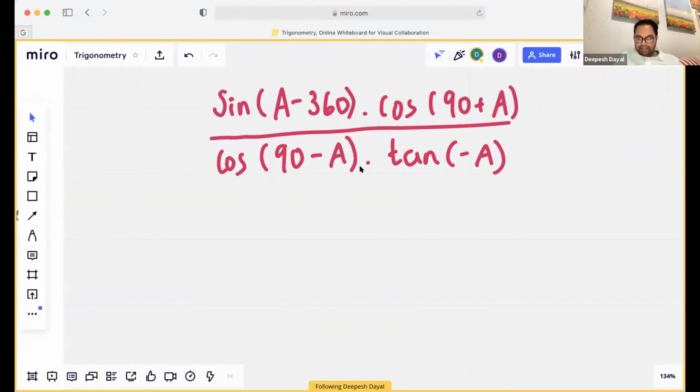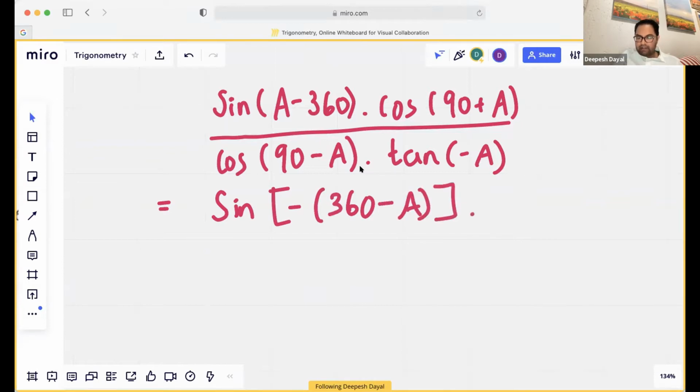Right, let's have a look. We've got the first one, sine(A minus 360). Everybody does it differently, but I like doing it this way. So I take out a negative and make it sine of minus (360 minus A). And then cos(90 plus A). What is cos(90 plus A)? Let's go back to our diagram.